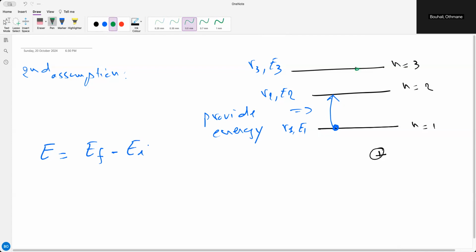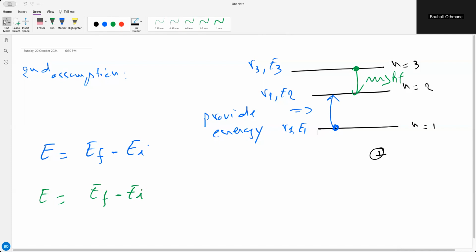Now, if the electron is on an upper state and it is jumping to a lower state, then it's the opposite. The atom will radiate energy, a photon, and this photon has again the energy which is the final minus initial state.